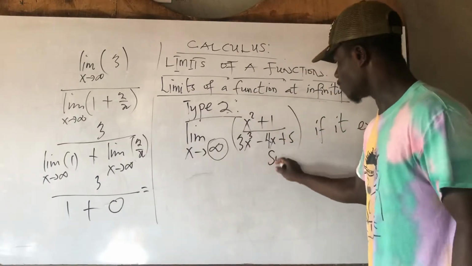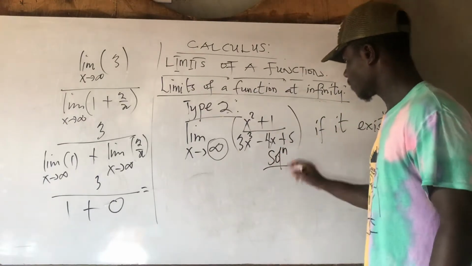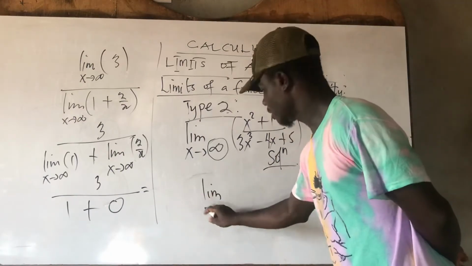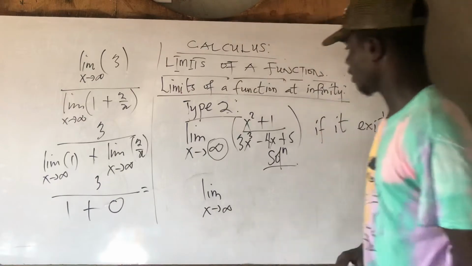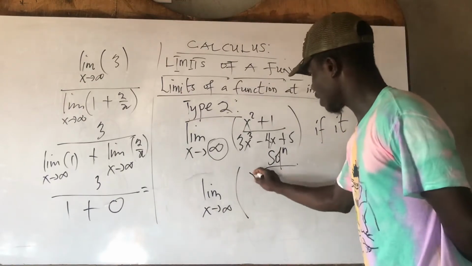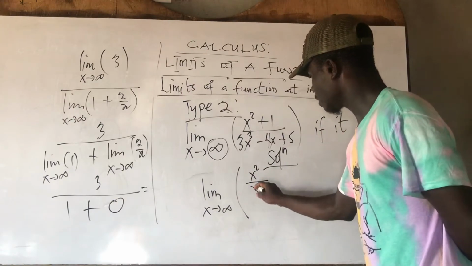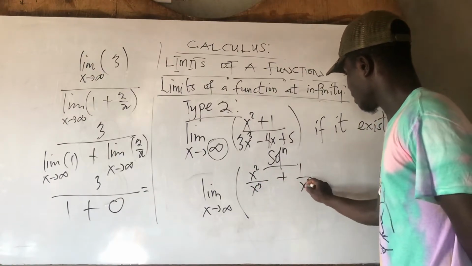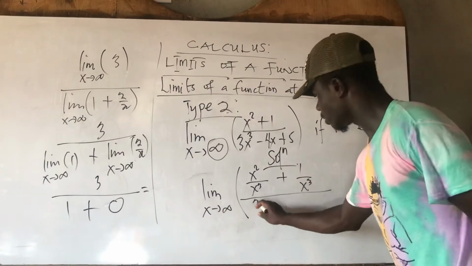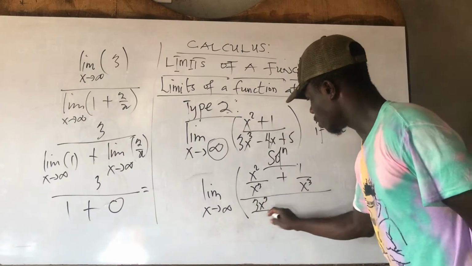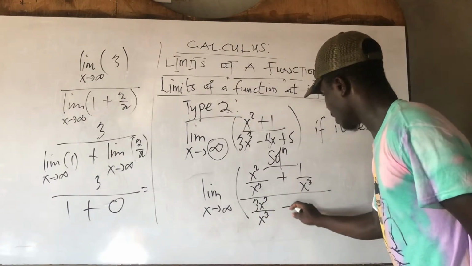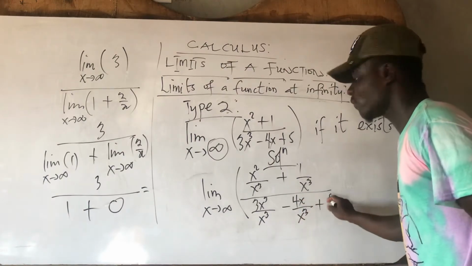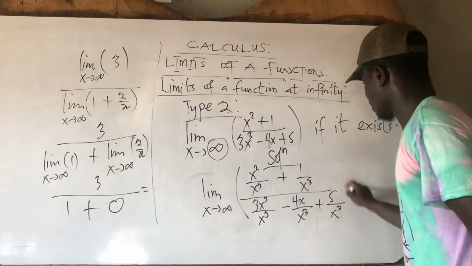So now we get the limit as x approaches infinity of x squared over x cubed plus 1 over x cubed, all on 3x cubed over x cubed minus 4x over x cubed plus 5 over x cubed.